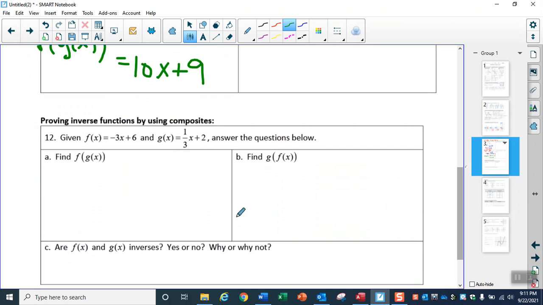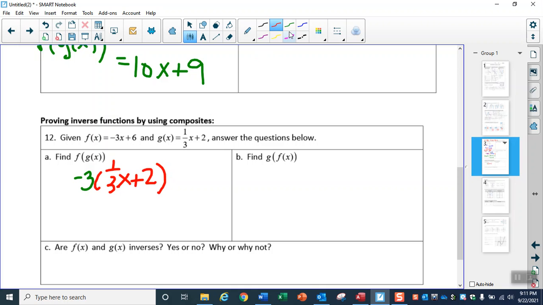And now for number 12, I'm going to take g and put it in f. All right, so here we go. I'm going to start writing f. So this would be -3, but I'm going to put g in it. All right, so I'm going to put g in, make this a little Christmassy. So here's g, 1/3 x plus 2.